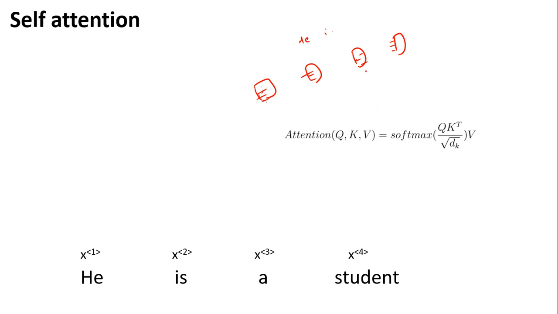What the researchers did is convert these matrices into three different matrices, which are Q, K, and V. How did they form the Q, K, and V matrices? They just multiplied with different weights: a weight 1 matrix, weight 2 matrix, and weight 3 matrix.